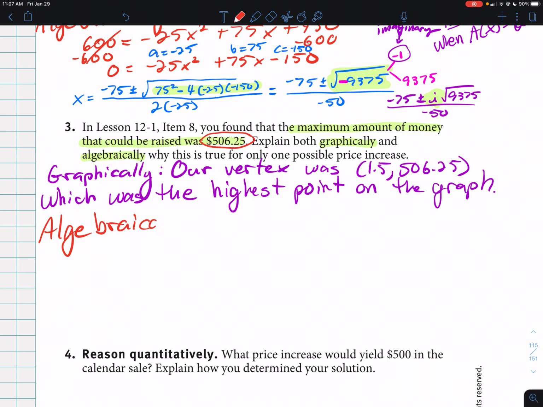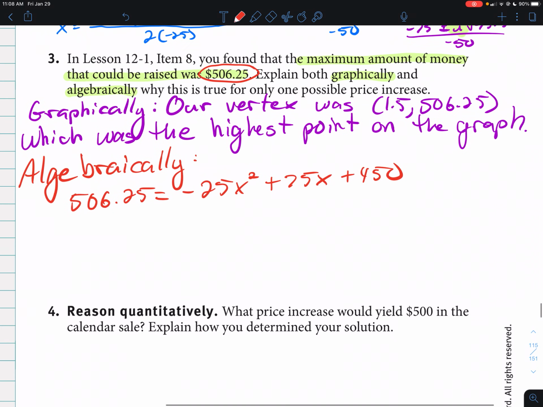So we're going to solve this algebraically by changing A of x to 506.25, and then we're going to solve it. Again, make it equal 0, so I'll subtract 506.25 from both sides.